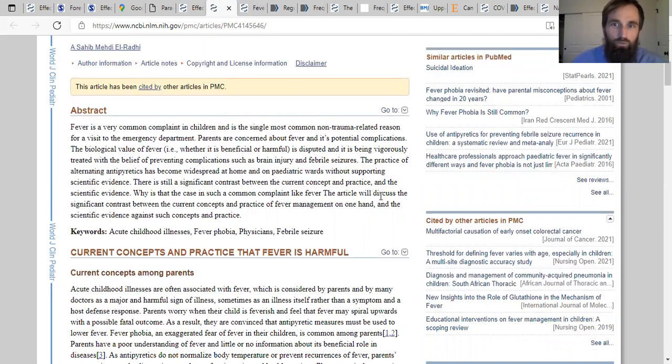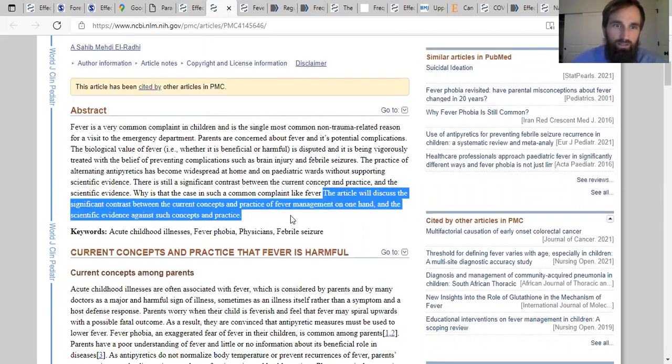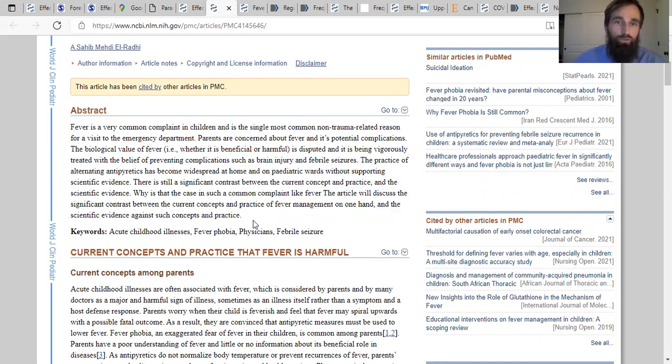It says this article will discuss the significant contrast between current concepts of practice for fever management on one hand and the scientific evidence against such concepts and practices. So right now, especially in the pediatrician world, giving Tylenol to kids whenever they have any type of fever, even a low-grade fever, is the standard practice.